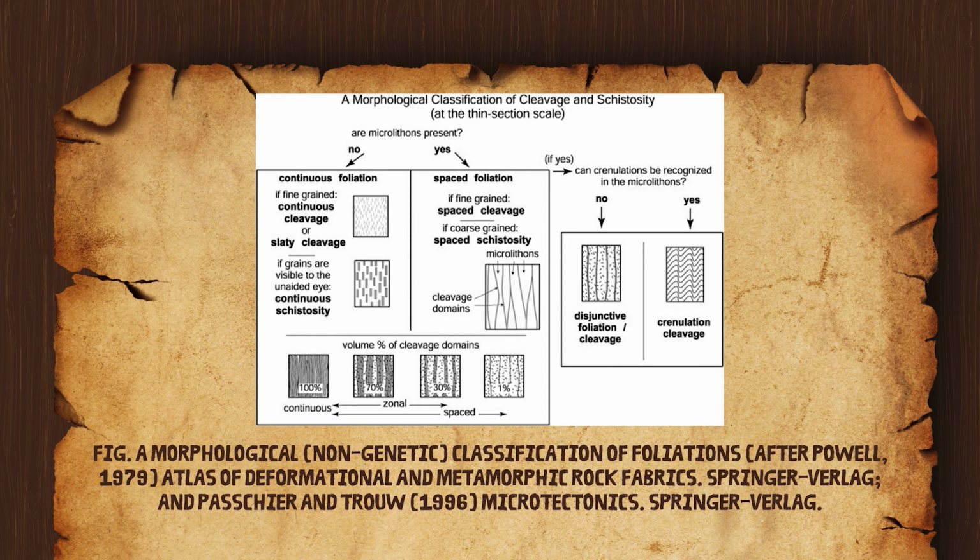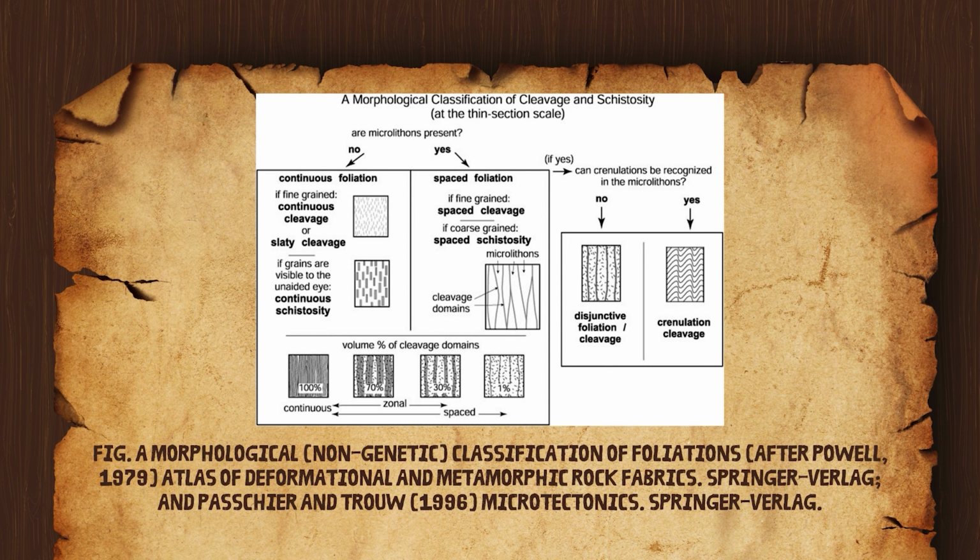If grains are visible to the unaided eye, then we call it continuous schistosity, which is shown here, and spaced foliation if grains space cleavage, if coarse grained spaced schistosity, microliths, which is shown here, cleavage domains by here. On the other hand, can granulations be recognized in the microliths?